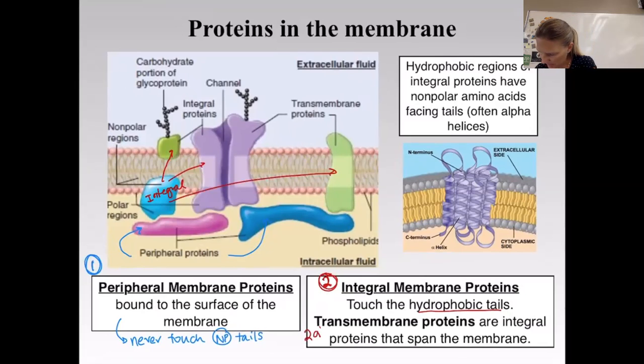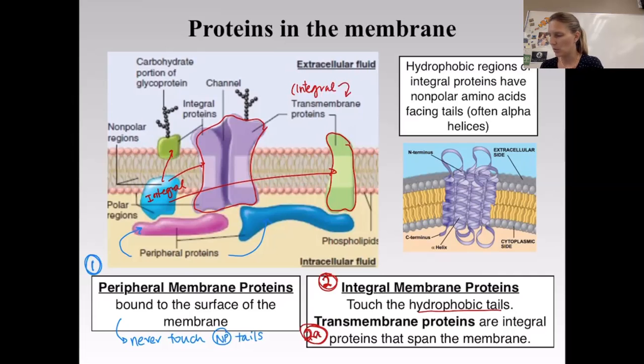Some integral membrane proteins are called transmembrane, meaning that they span the entire plasma membrane, right? So this guy in green is a transmembrane, and this big purple guy. Those are both transmembrane proteins. They're also called integral membrane proteins, but a more specific name is a transmembrane protein.